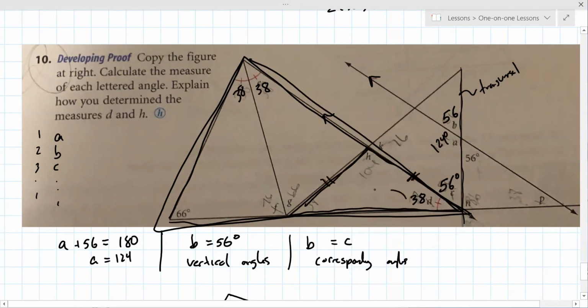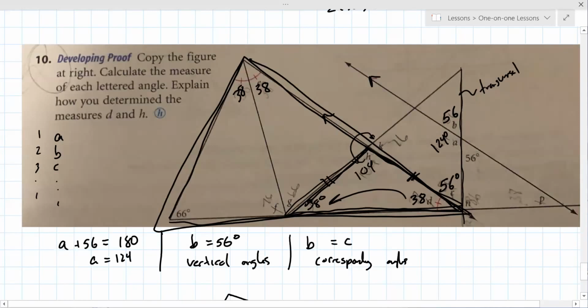That means that the 38 and this 38, they are equal. So that means these three angles have to add up to 180, which is why this is 104. 104 plus this angle here has to get you to 180 because they're on a straight line. That's why it's 76.